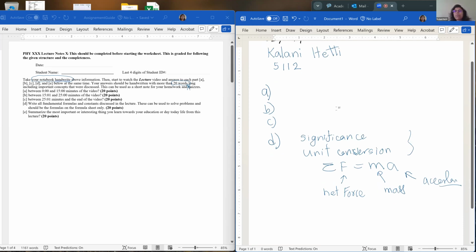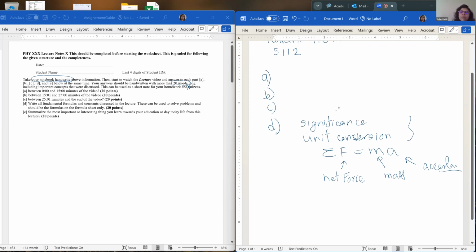Okay, now part E is another important part. Again, every part has points distributed, and if a part is missing we lose the points, so also check the rubric. Those things are important. Summarize the most important or interesting things you learn toward your education or day-to-day life from this lecture. You're going to write at least 20 words.